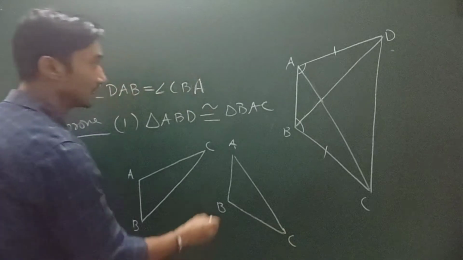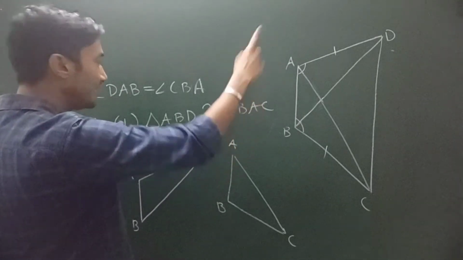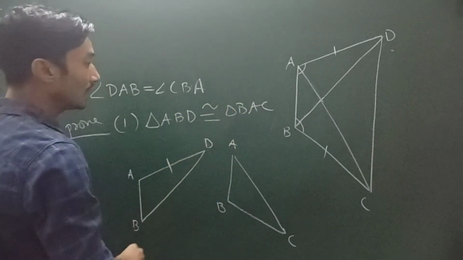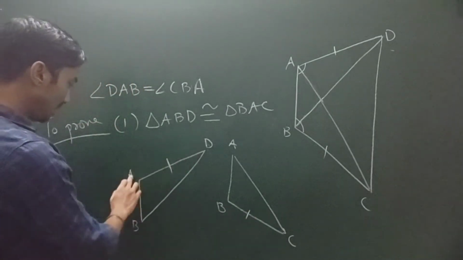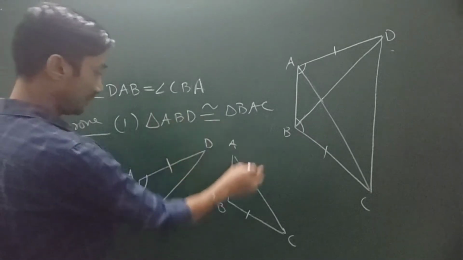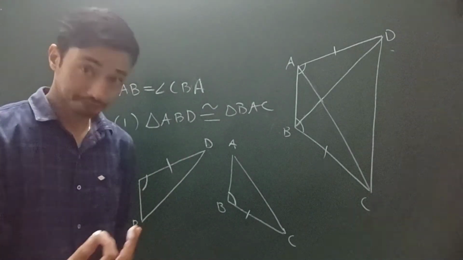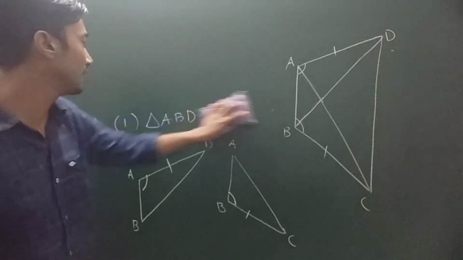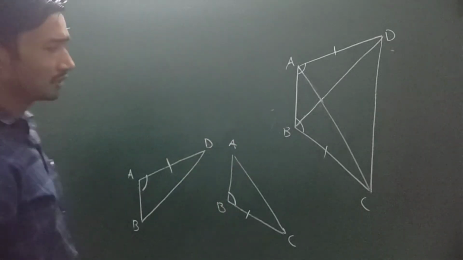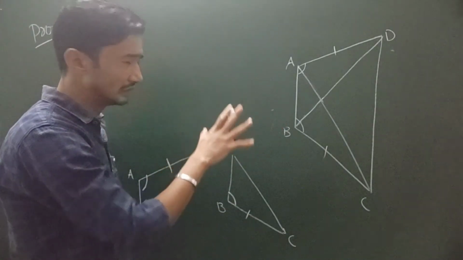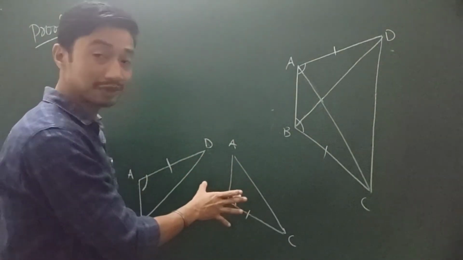What is given is AD and BC, they are same, okay? And DAB is equal to CBA. After cutting off the triangle, you can do like this. That way it helps. It really helps a lot. Otherwise, sometimes just by looking at the figure, it becomes too messy. So we can just cut it out like this. Then it becomes very comfortable.